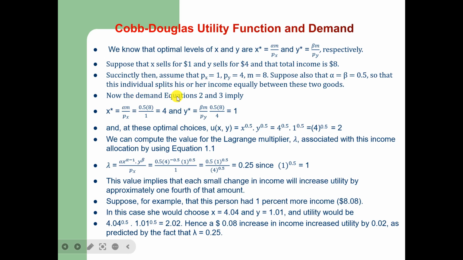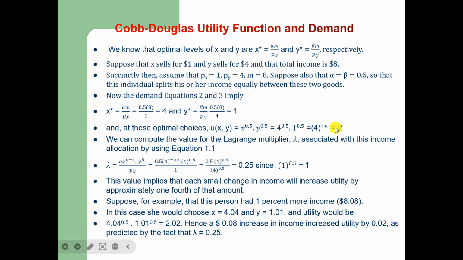Now the demand equations 2 and 3 imply that x star is equal to this and y star is equal to this, and if we plug in these values of px and py and m into these Marshallian demand functions, then the optimal level of x will be 4, the optimal level of y will be 1 if we simplify this, and at these optimal choices the utility will finally be equal to 2 if we put these values in it.